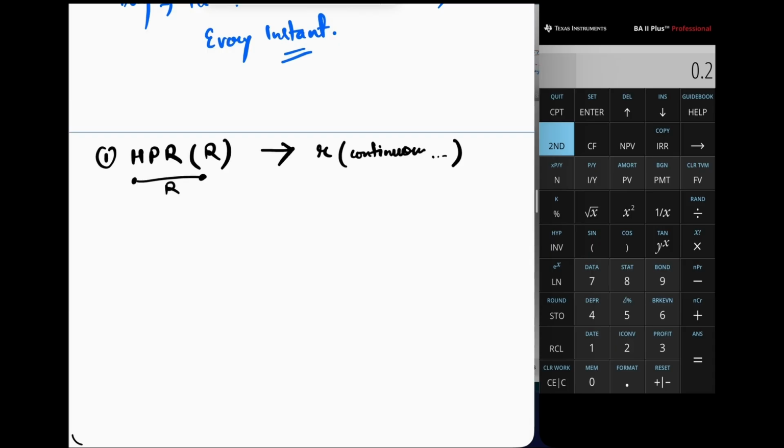Small r is equal to ln(1 plus R). This was your formula.